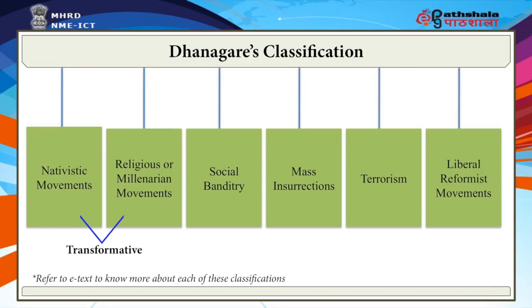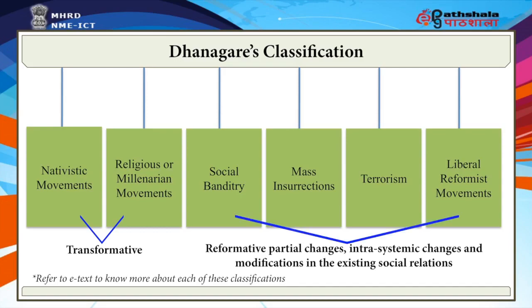The first 2 types of the above mentioned classifications are transformative as they aim at the total change, while the last 4 basically refer to the reformative partial changes, intra-systemic changes, and the modifications in the existing social relations.